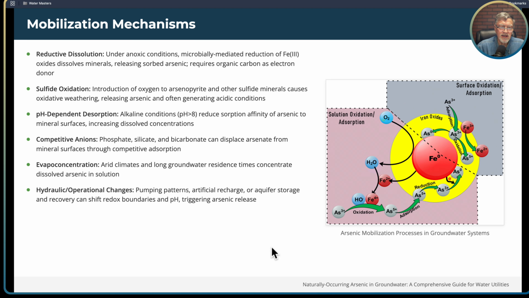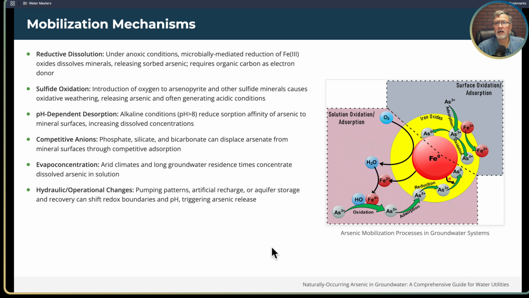Under anoxic conditions, anoxic meaning low oxygen and reducing conditions, microbially mediated reduction of iron 3. So, this is where the bacteria comes into play, and these are usually going to be iron related bacteria.